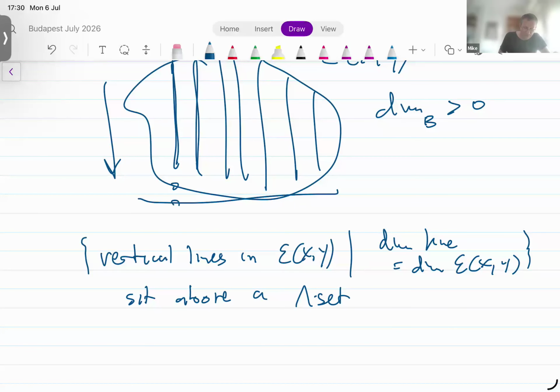So if you look at the x coordinates of these vertical lines, they form precisely an alpha set. And the alpha set we know has positive box dimension, maybe very small. It has some positive box dimension.